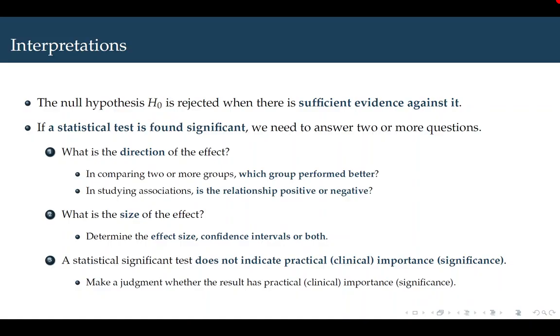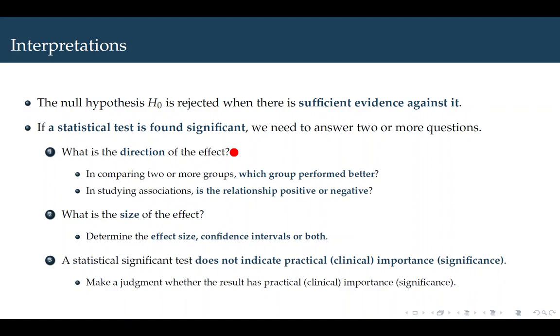And once the test is significant, or once H naught is rejected, we have to answer some questions. For example, we need to identify the direction of the effect. In comparing two or more groups, we are interested in identifying which group performed better, or which group has a higher value.